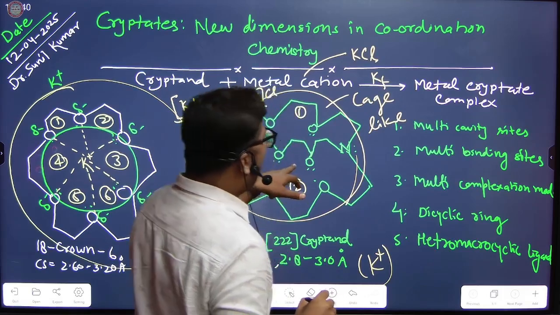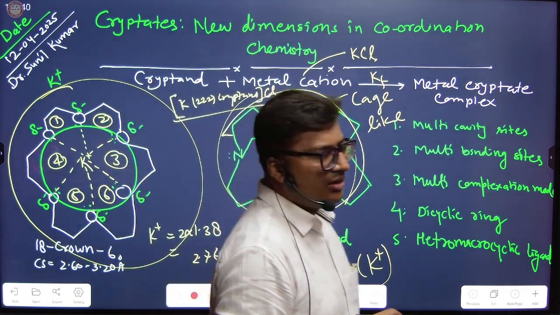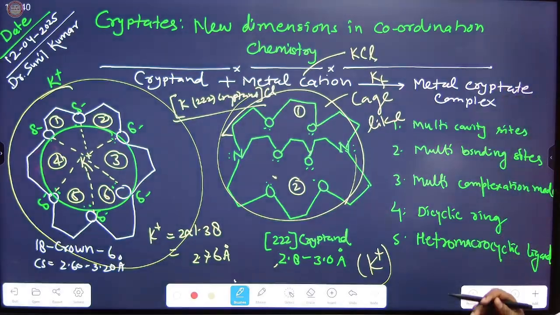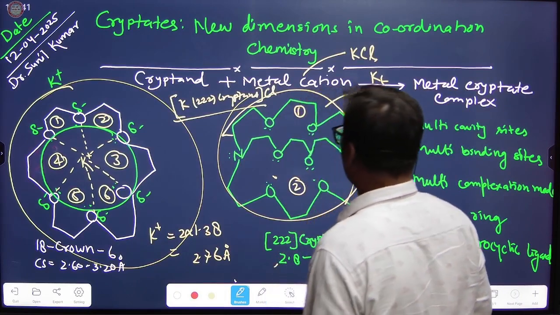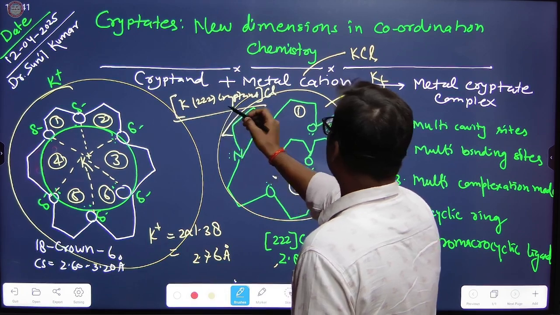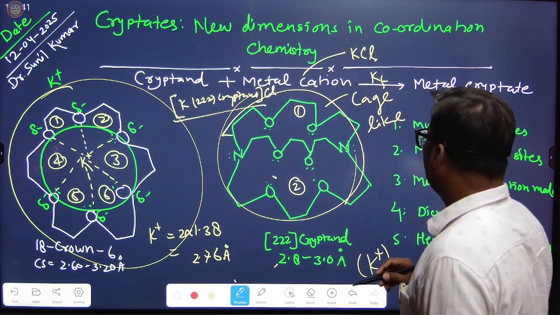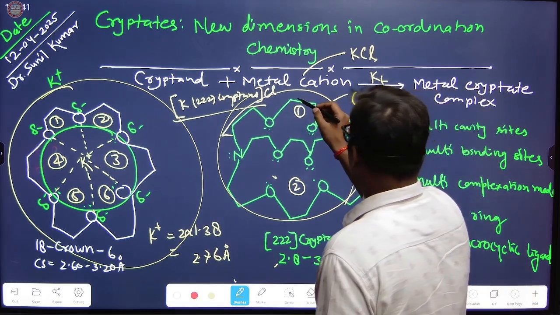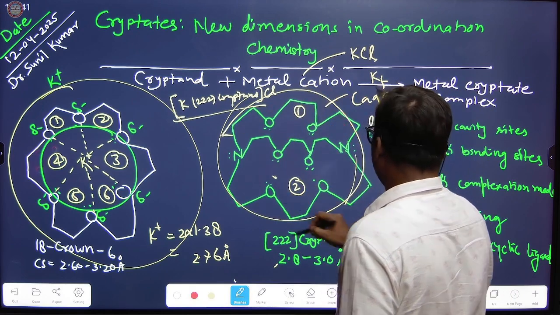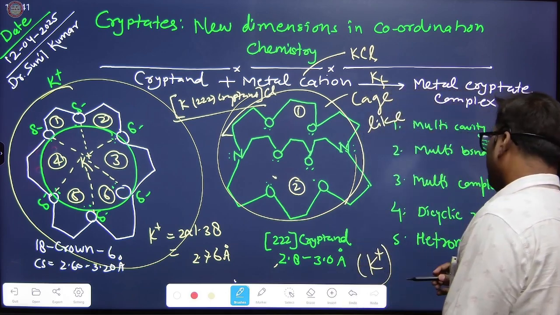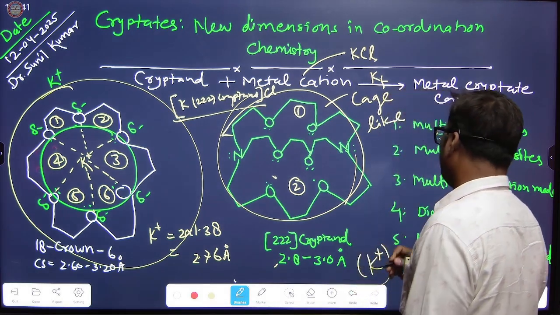Once the potassium ion is captured by the ring, it is called a cryptate complex, and the outer sphere is balanced by the chloride anion. So overall, this is the K222 cryptand, and in the full bracket Cl is on the outer side. Because of the presence of a hydrophobic solvation shell on the exterior of this ring, the Cl minus ion is not solvated strongly through the hydrophobic structure.